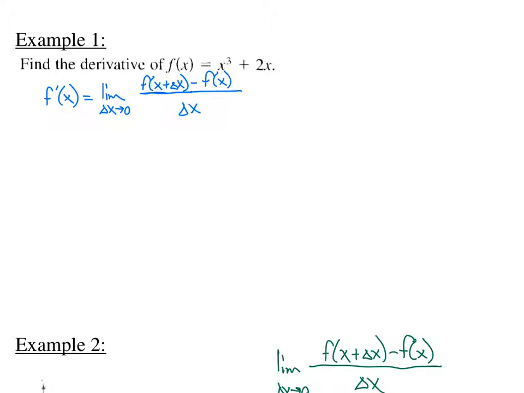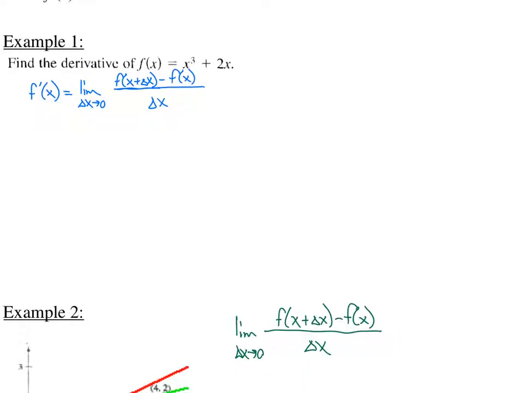So let's look at how we would do this first of all. So like I said, we have our definition here for the derivative, and I like to go ahead and figure out the f of x plus delta x over on the side. That'll save you some writing, because as you simplify it, you're not having to rewrite the limit and all the rest of this stuff over and over and over again.